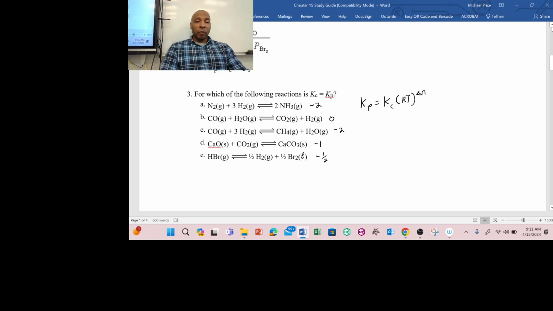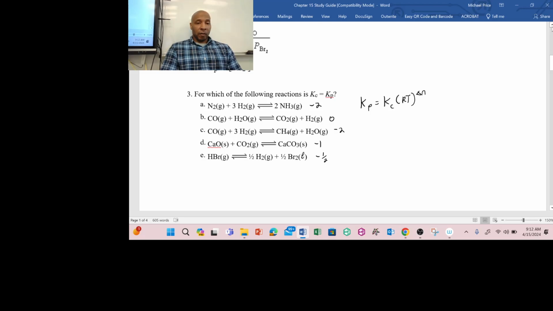So you take the moles of products that are gases, in this case 2, minus the gas moles of reactants. I have a 1, 2, 3 right there and a 1 right there, so 3 and 1 is 4. So 2 minus 4 is negative 2. But you only do it for the gases.